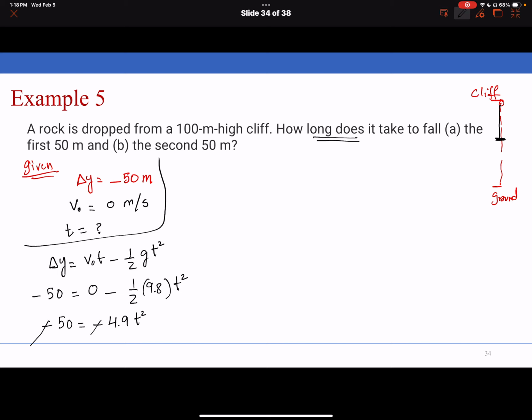So get rid of the negative sign because it appears on both sides of the equation. t squared is equal to 50 divided by 4.9. From there, t comes out to be 3.1944 seconds, or rounded, let me look at 50 as one significant digit, so that would be 3 seconds.